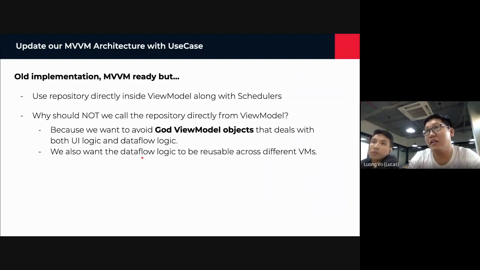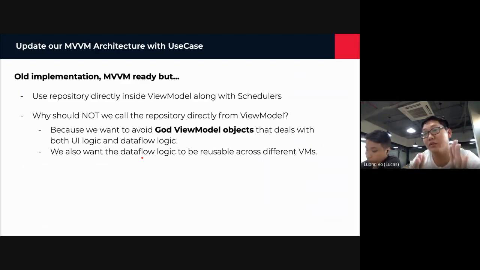The next one is improving and updating our current MVVM architecture with use cases. As you know, the clean architecture introduces use cases. With the old implementation, we already implemented the MVVM architecture, but we use repositories directly inside the view model.